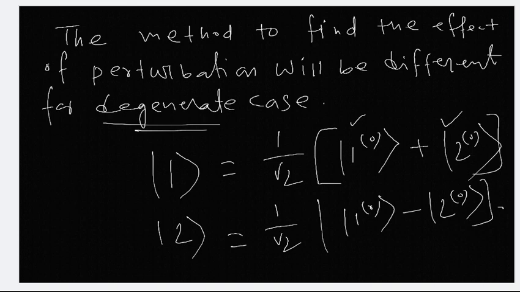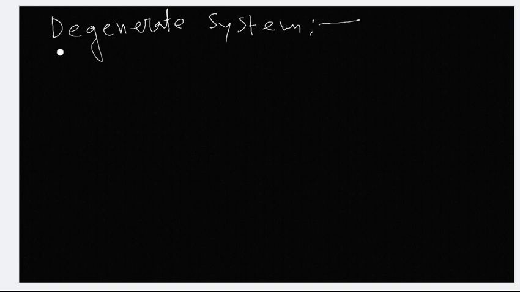So this is the fact for the degenerate system. Taking that message from the previous example, we are going to develop the degenerate perturbation theory.